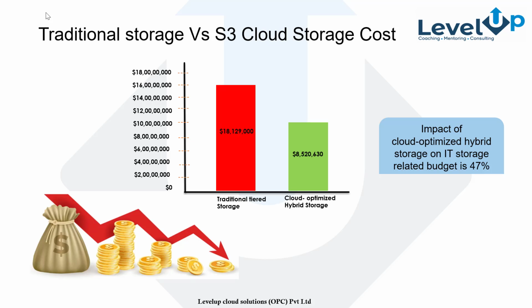Let's say you purchase a hard disk of 1 TB. Now there is data of 500 GB. So are you paying for 500 GB or 1 TB? You're paying for 1 TB because you have already purchased 1 TB of storage. So you are investing the money upfront even before you have the data. But in the cloud, you will be paying only for the amount of storage space that you're storing on the cloud.